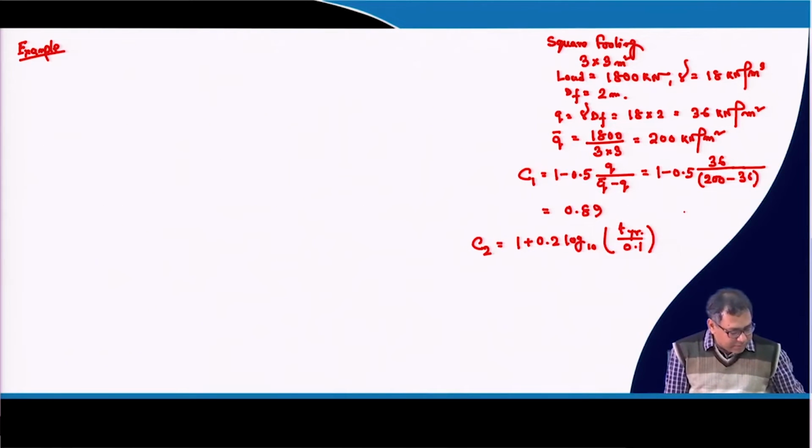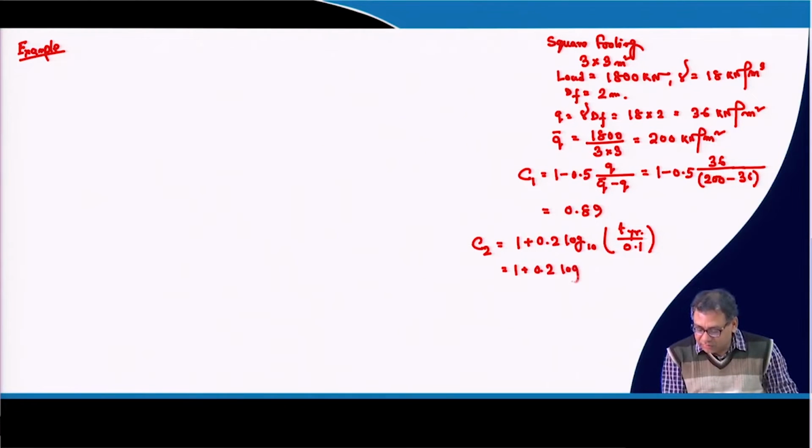Now for this case we are calculating the settlement for 1 year. So, that is 1 plus 0.2 log 10 of 1 divided by 0.1, with time in years.